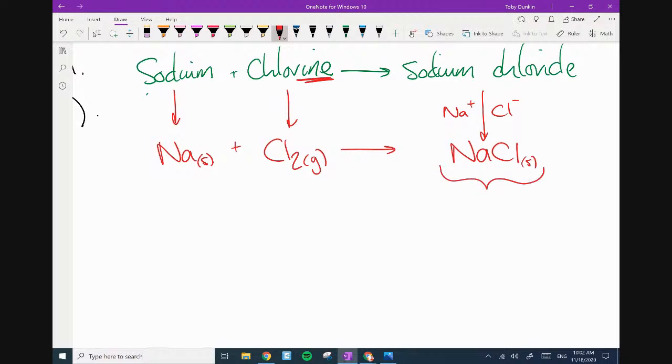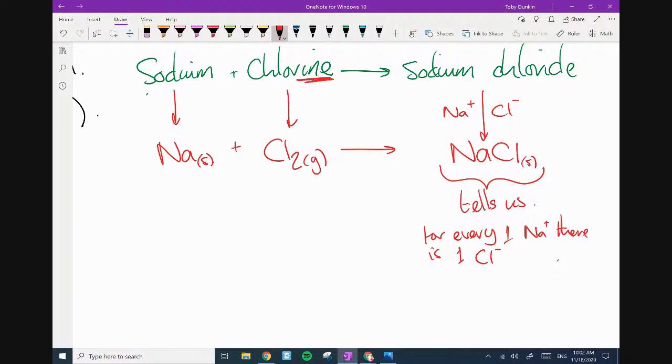This formula here tells us that for every 1 sodium, 1+ if you like, there is 1 chloride.